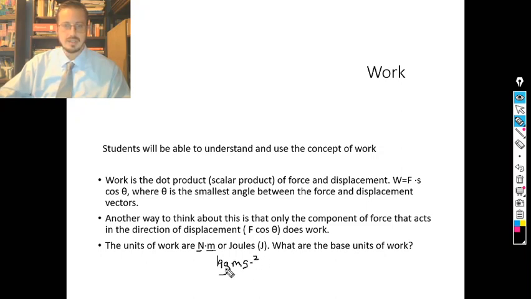So if the base units of a newton are kilogram meters per second squared, and we multiply by meters of displacement to get work, then the base units of work are kilogram meters squared per second squared. So a joule is really a kilogram meter squared per second squared. Those are the base units of work.